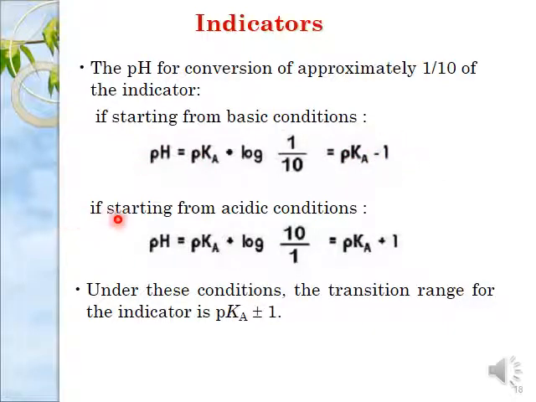If you start off with an acidic sample, pH equals pKa plus 1. So that's why the transition range for an indicator is pKa plus or minus 1, depending whether it's an acidic or basic sample.